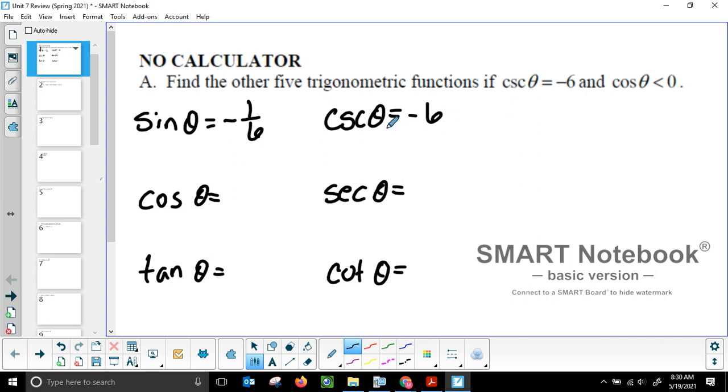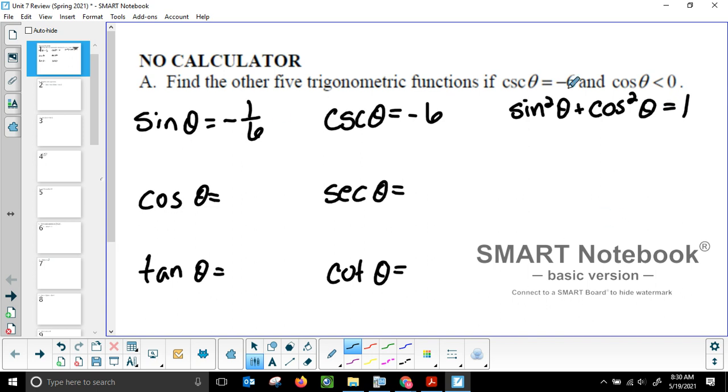Usually when you only have one to start and you've already used your reciprocal identity, you're going to have to use one of the Pythagorean identities, right? So if you have sine or cosine, I pretty much always just go ahead and use sine squared theta plus cosine squared theta is equal to 1.